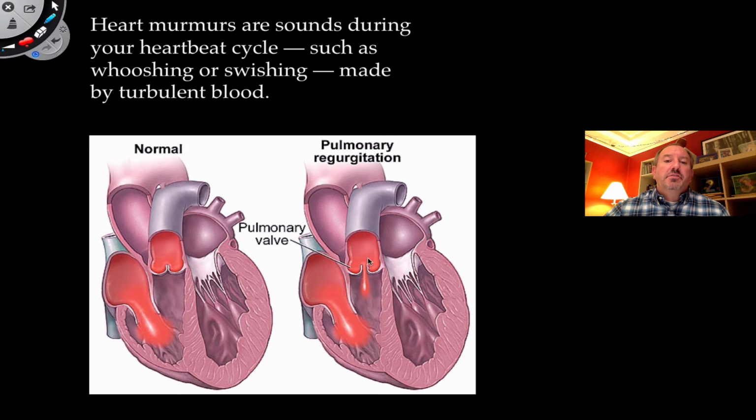In this case, you can see here the pulmonary semilunar valve is not closing. It's not a clear lub-dub, you'd hear a murmur sound, because there's a little regurgitation, in this case, of blood flowing back into the ventricle.